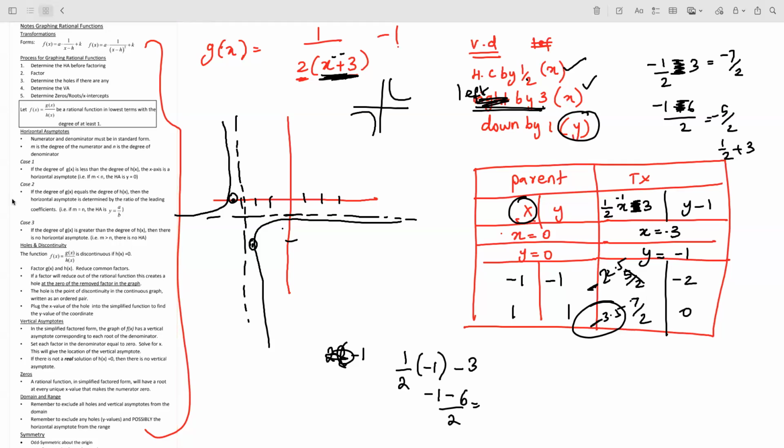So -1/2 - 3 is -3.5, right? Oh, I was doing the thing in the parentheses first, like how it's x. Okay. Oh, no man.